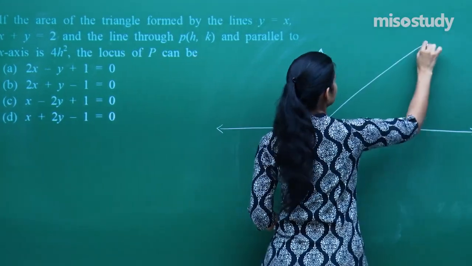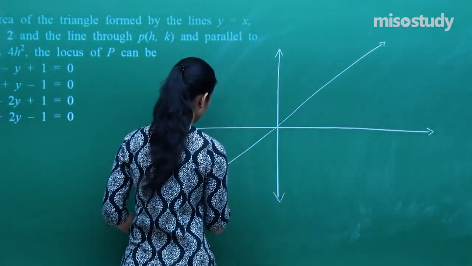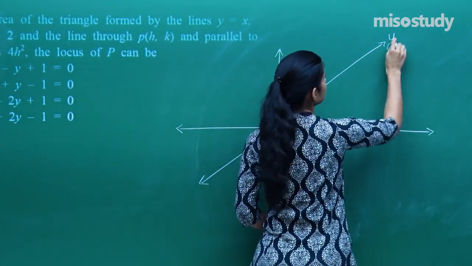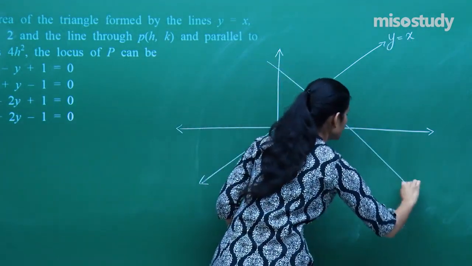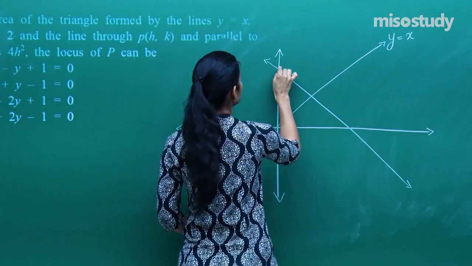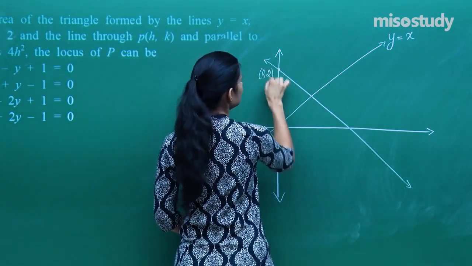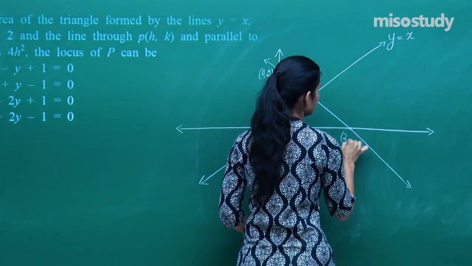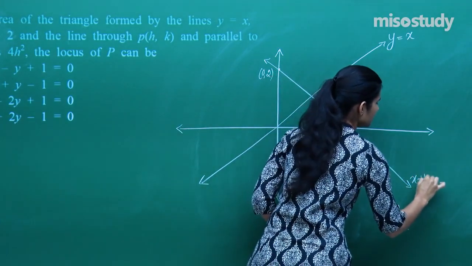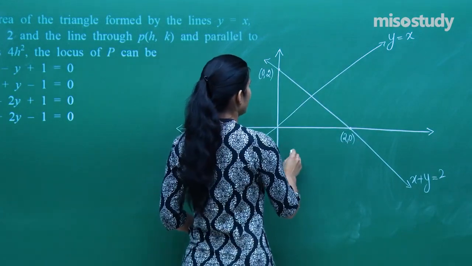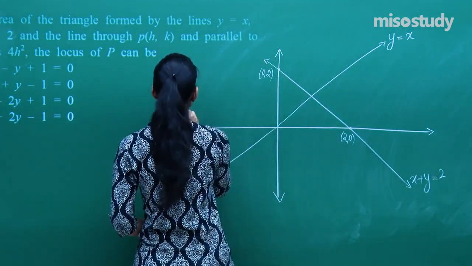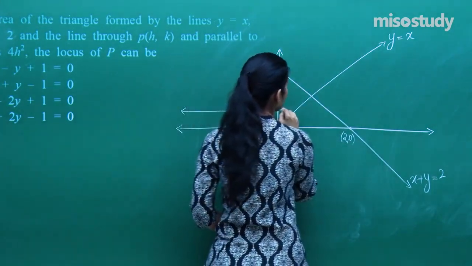y equals x, this is y equals x, x plus y equals 2, this point is (0, 2), this point is (2, 0), fine. And there is a line which is parallel to x-axis.